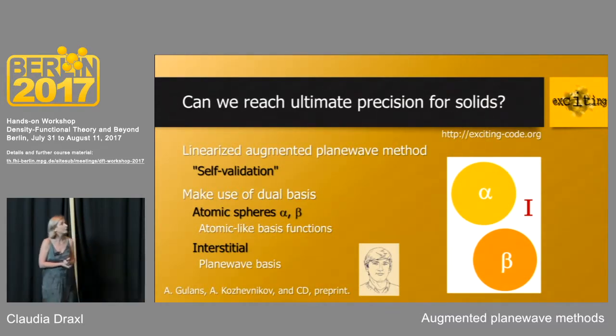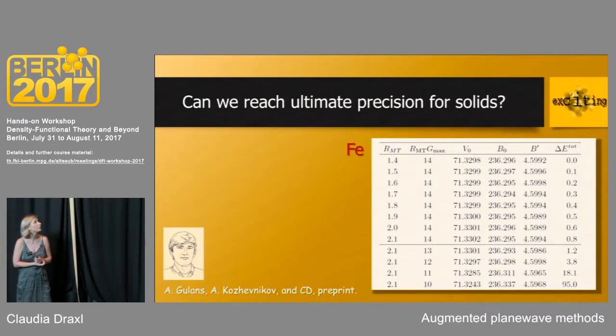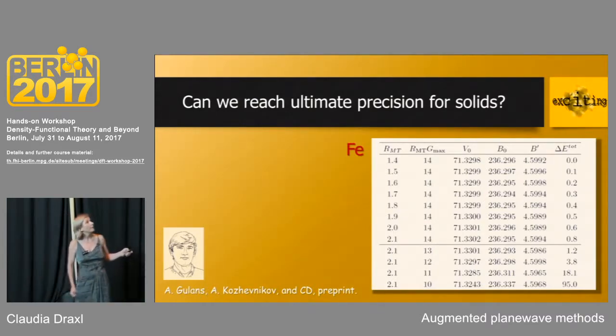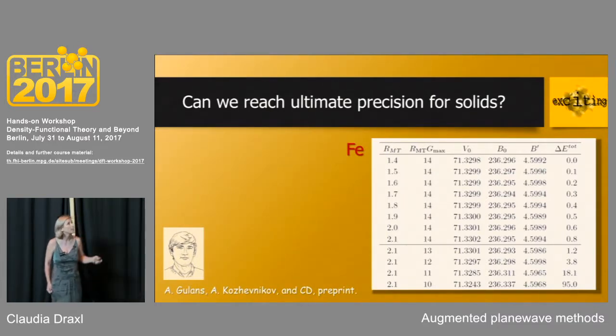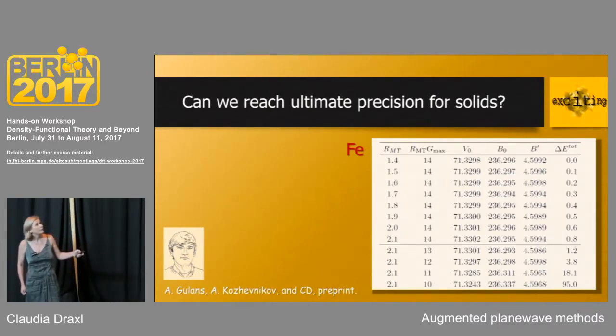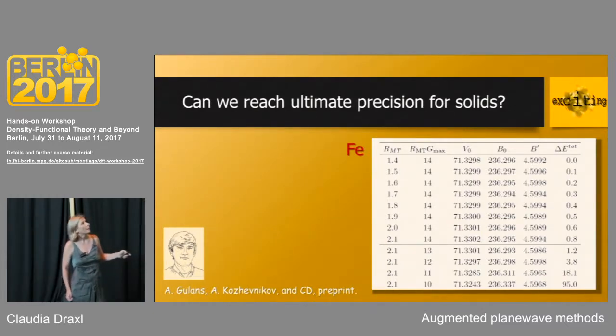Yeah? So what I'd like to show here is results for iron, for the Birch-Monaghan equation of state again. So we see the volume, the bulk modulus, the derivative of the bulk modulus, and the total energy for varying sphere sizes. So there's a big difference using 1.4 or 2.1. And then if you see here below, we have a small plane wave cutoff.